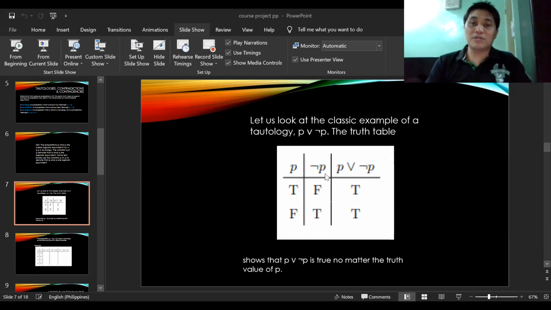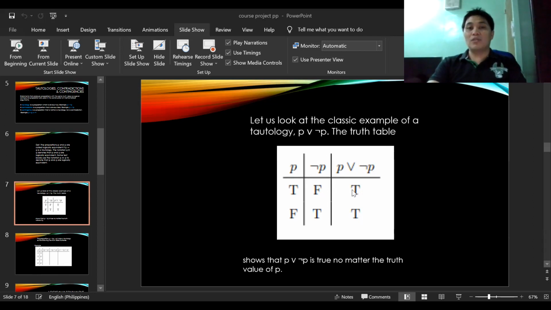for the first given statement, P is true and the negation of P is false, our answer is true because this is a tautology. And our symbol here is or. Any statement with a true value, or both true values, will make our statement always true.